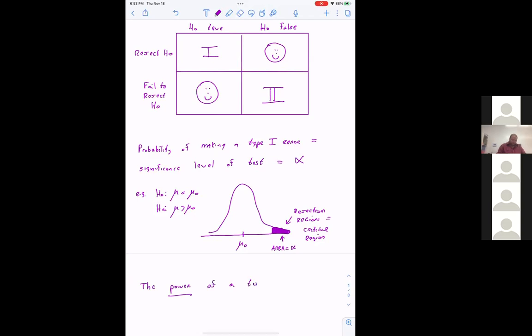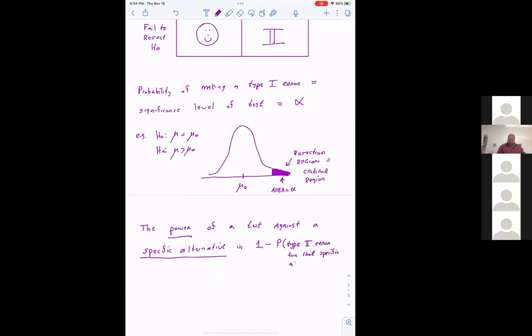So the power of a test against a specific alternative is 1 minus the probability of a type 2 error for that specific alternative.